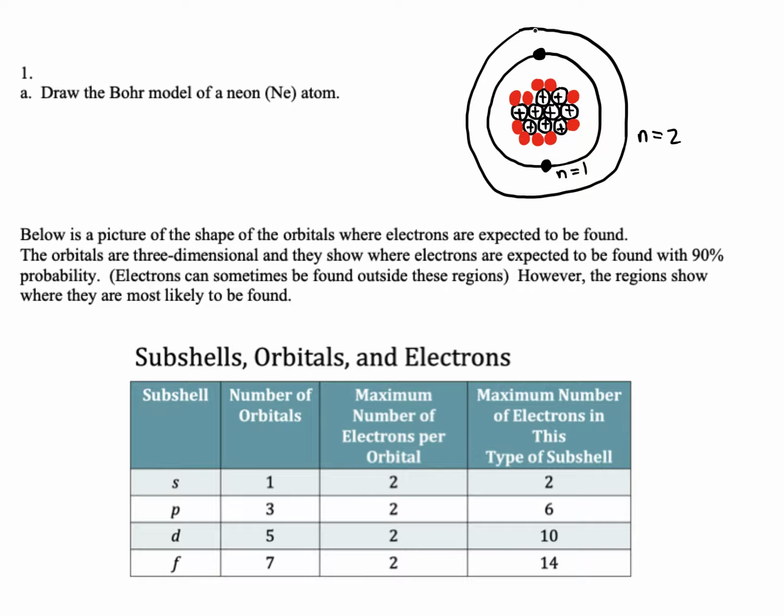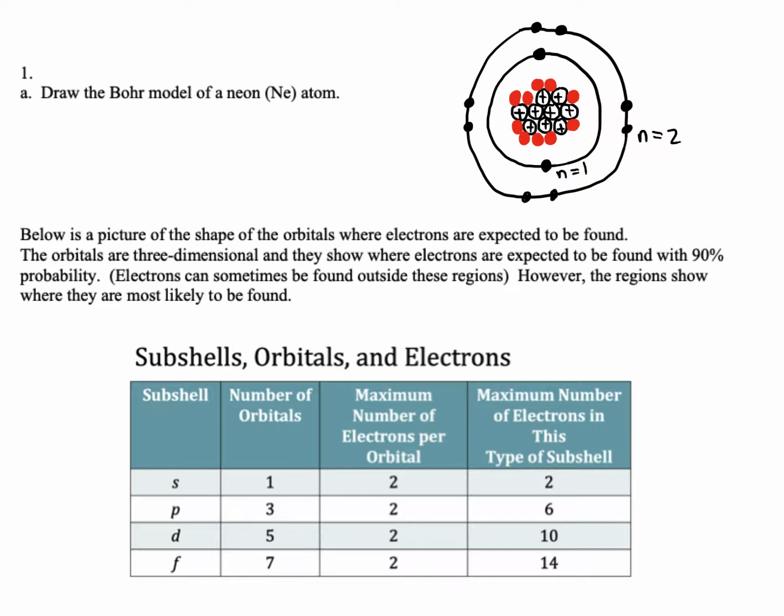And in this case, there would have to be 1, 2, 3, 4, 5, 6, 7, 8 electrons in that outer shell. And this would be the complete Bohr model of the neon atom, assuming that it's a neutral atom.